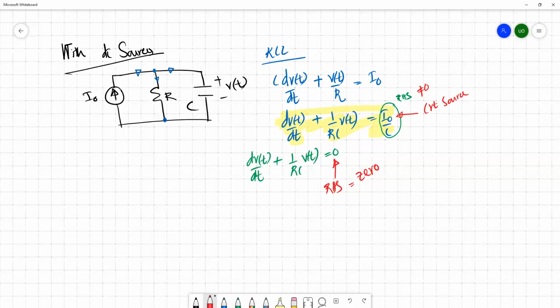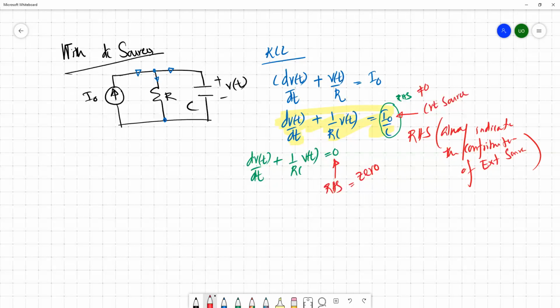So whatever values appear on the right hand side always indicate the contribution of external sources. I believe you got the point.